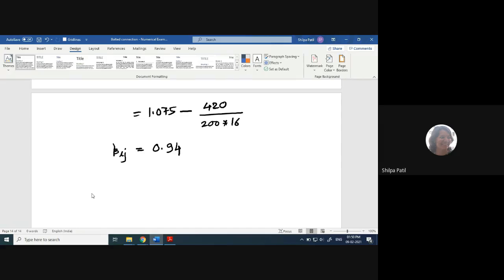Okay. Now we have to multiply this factor with the shear capacity of the bolt.